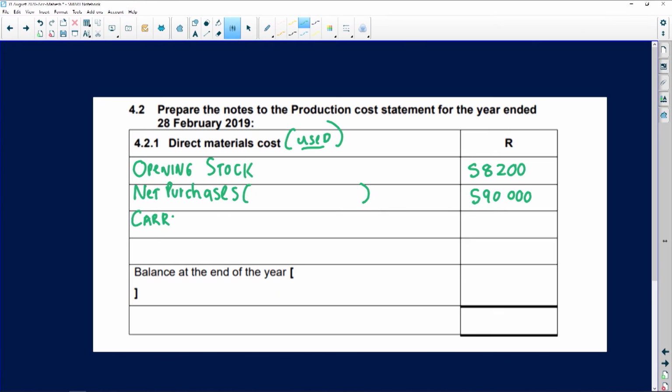Okay. Right, on the next line, what else increases the value of your raw materials? Any carriage or transport cost that you would have paid. So carriage on purchases. And here we're referring to your raw materials that you purchased.